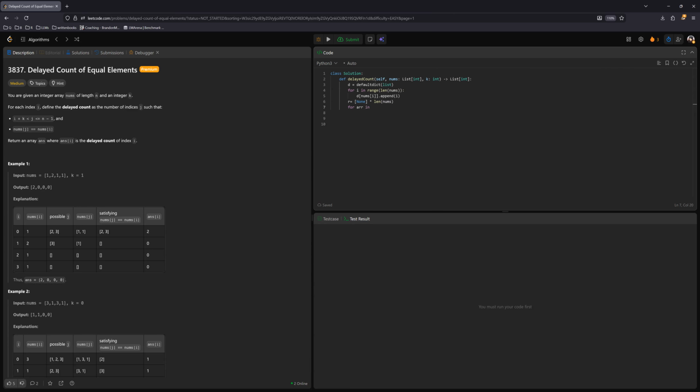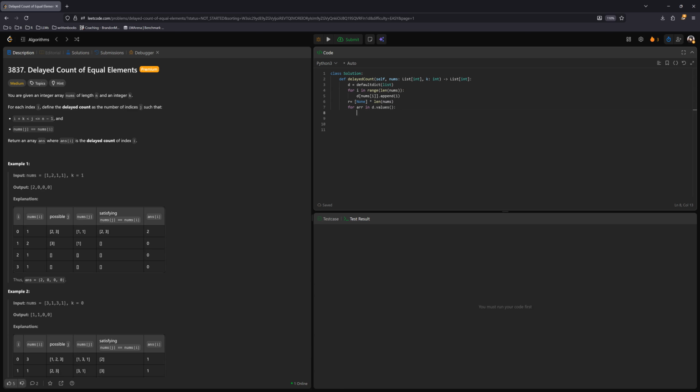For arr in d.values. Okay. If length arr equals 1, then r of arr of 0 equals... what? We don't need a special case for 1. We just don't.